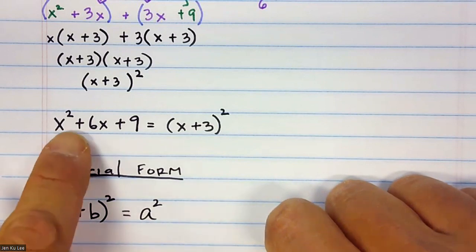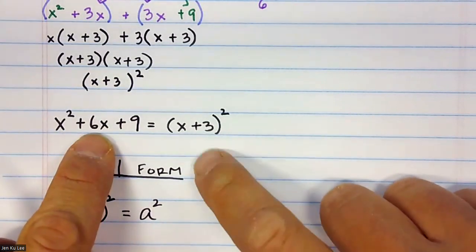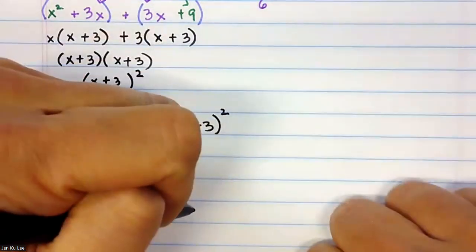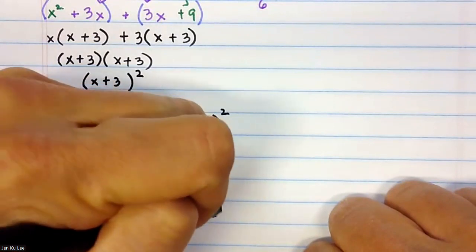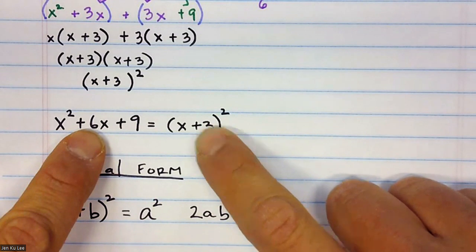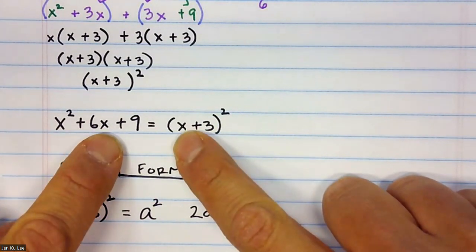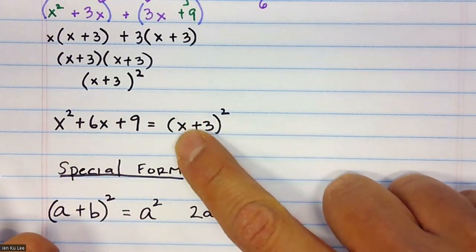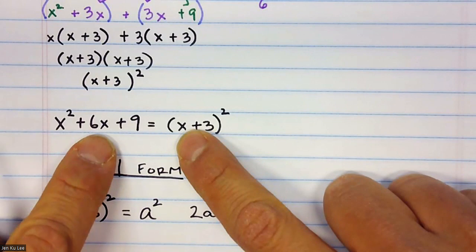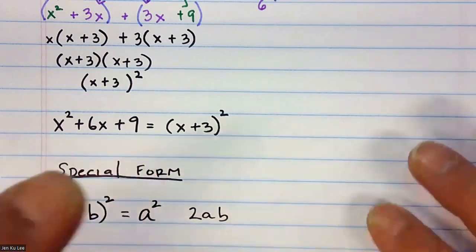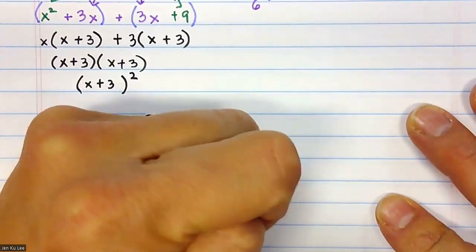The 6x is going to be 2ab. 2 times 3 times x is 6x, which is that middle term. So it's going to be 2ab, plus 9, that's just the back number, b squared.